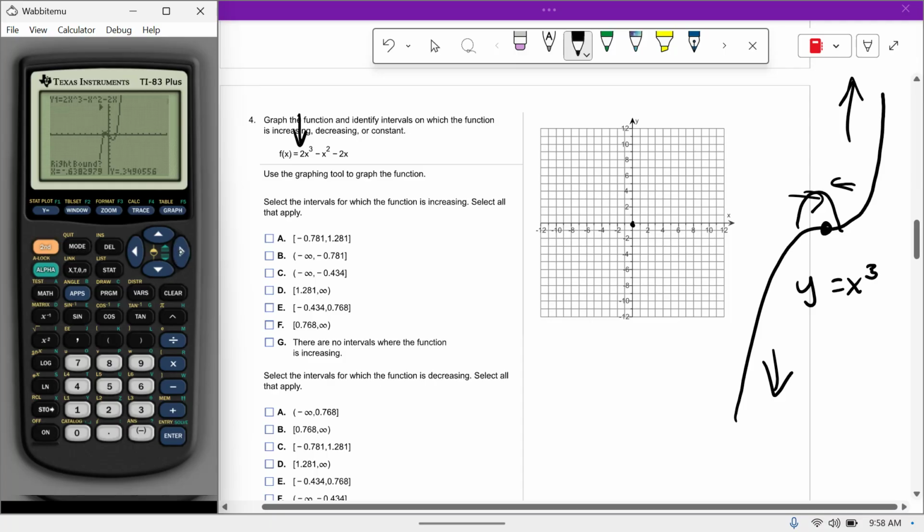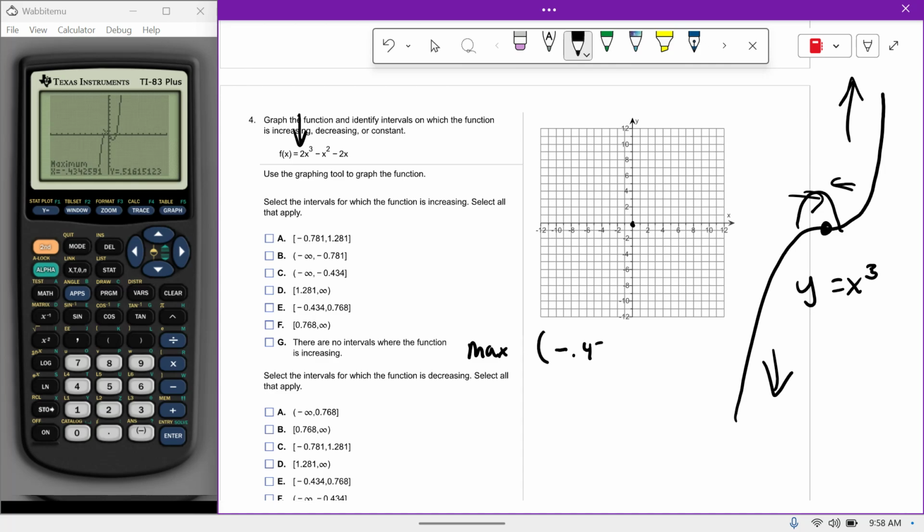And then go just barely to the right of my max. Press enter and press enter again. It'll tell you where the maximum is. Now the max is at negative 0.434, and the y value of it is 0.516. Let's find out where the minimum is.